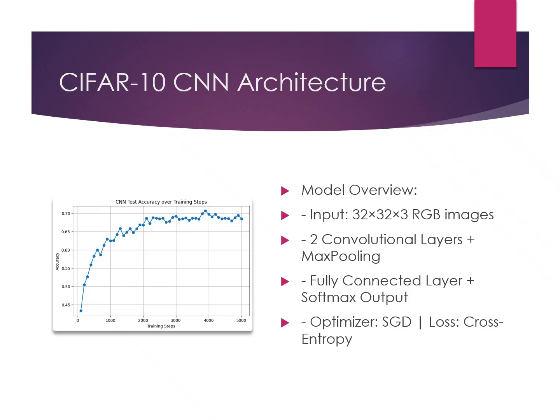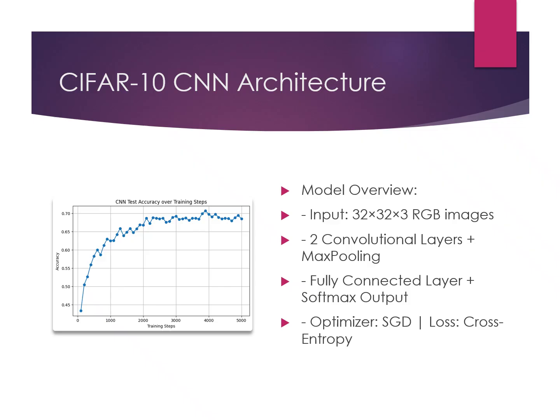Then max pooling layer 2, another 2x2 pooling, which also helps reduce spatial dimensions. Then there's a fully connected layer with 1024 neurons with ReLU activation. Finally, the output layer uses softmax activation for 10-class classification.